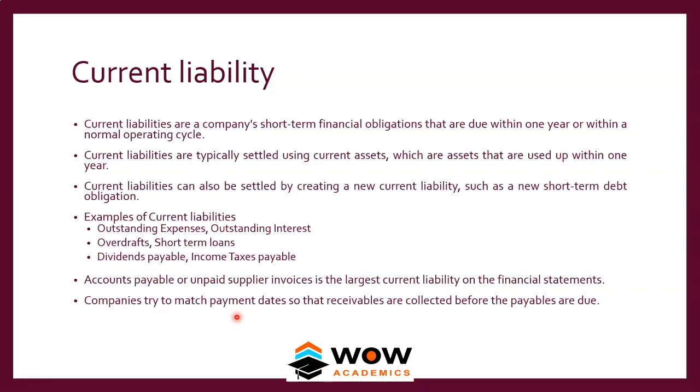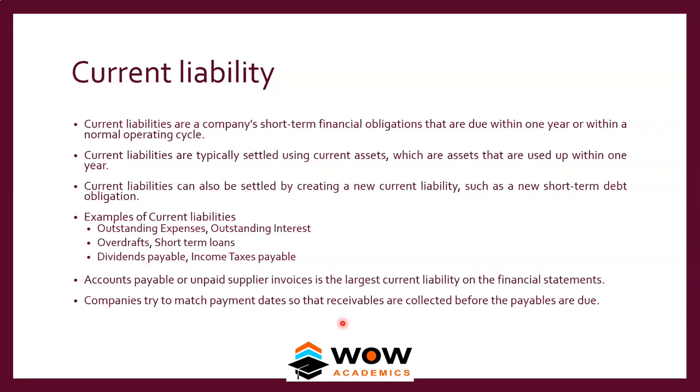Companies try to match dates so that receivables are collected before the payables are due. Here you have a current asset called receivable, which is debtors. You say that customers have to repay you within 10 days, and you also tell your suppliers that you will pay them in 15 days.